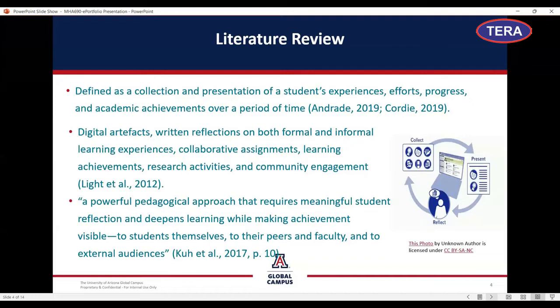E-portfolio represents a compelling digital resume that is an effective marketing tool to attract prospective employers and other stakeholders for comments and feedback.